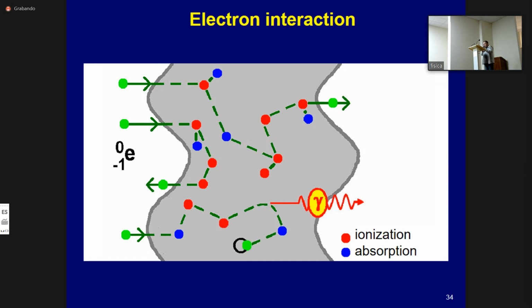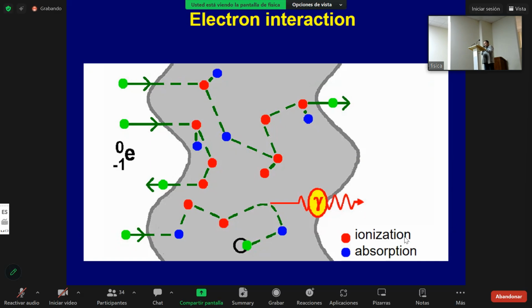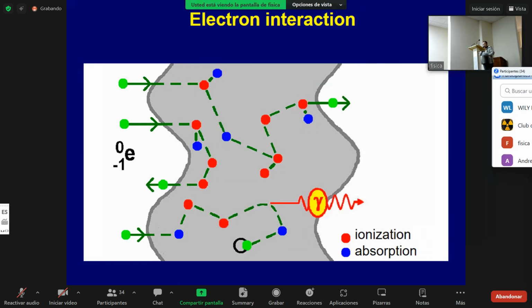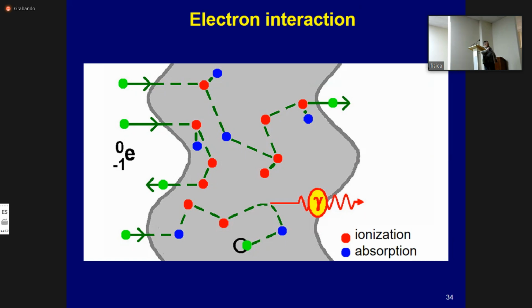Since the mass of the interacting beta particle is equal to the mass of the orbiting electron, a large angle deflection can occur with each interaction, resulting in a zigzag trajectory or scattering. So it changes direction very rapidly.